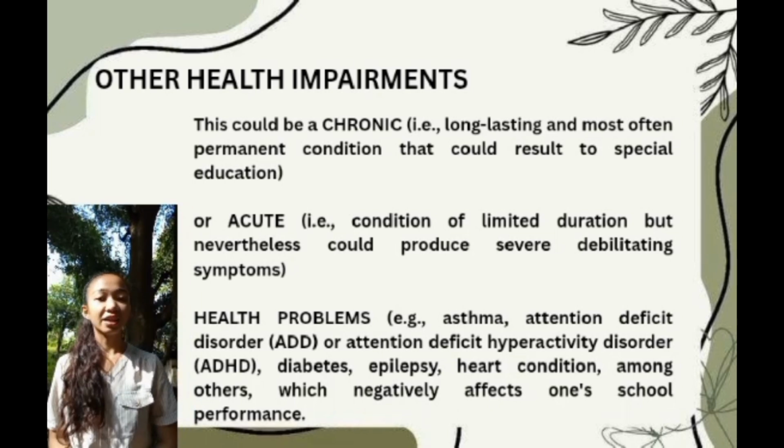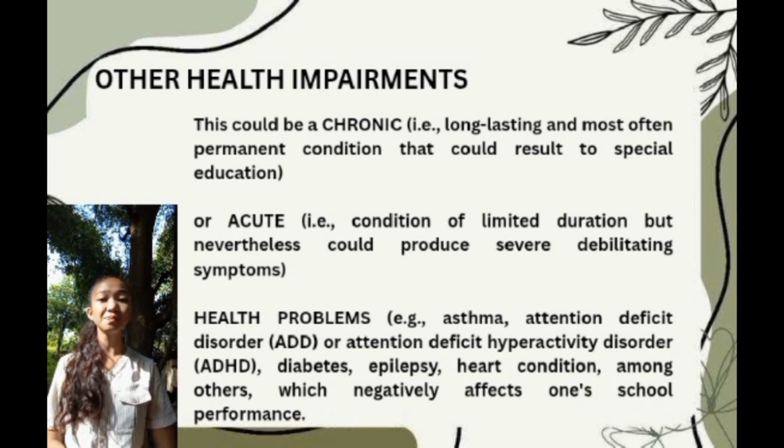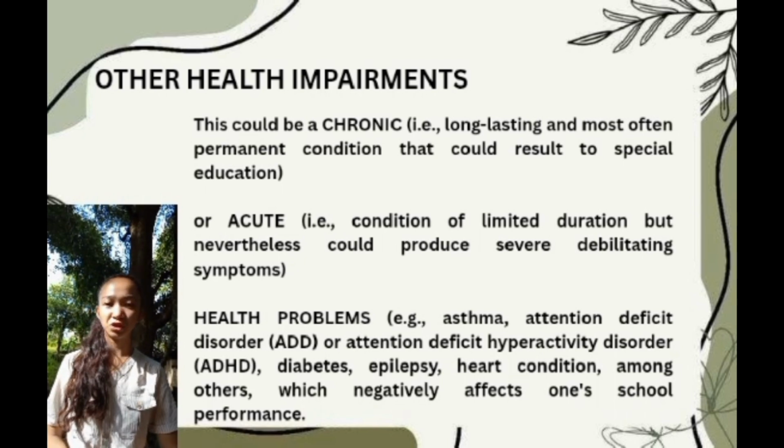Next, acute. These are conditions of limited duration but could nevertheless produce severe, debilitating symptoms. Acute conditions are temporary health issues that can cause significant impairments during their duration, such as severe infections or injuries.